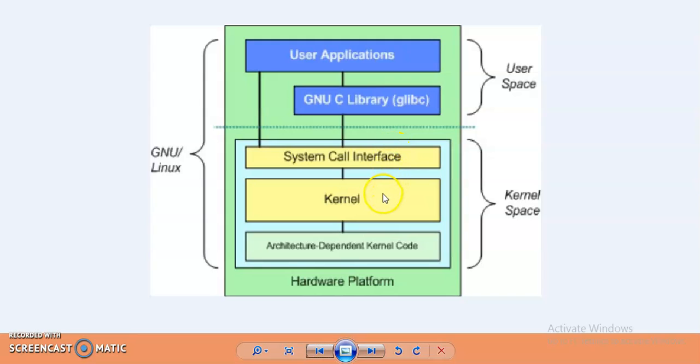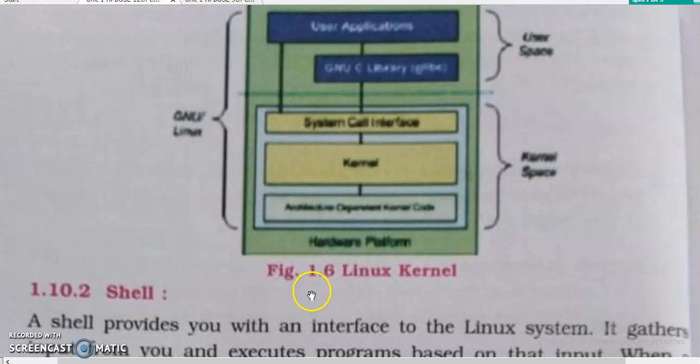Because the kernel provides an interface between the user and the machine, it understands all that comes from the user application and gets the hardware to do the task. This is why it is called kernel space. So this is the architecture of a Linux system, and this is how the work is done in a Linux OS. Now let us study further about the shell.